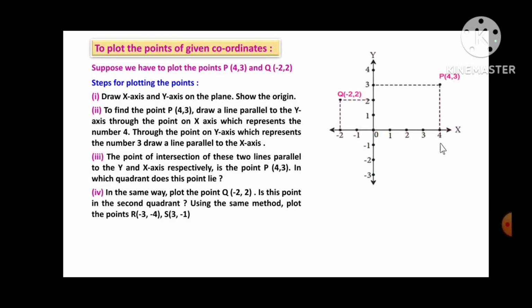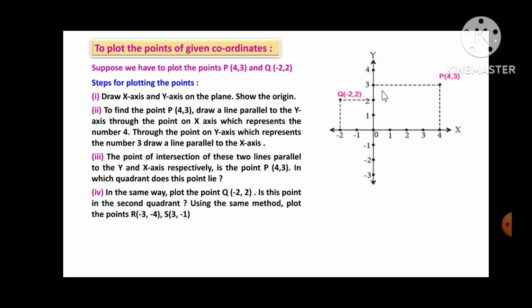To find the point P (4, 3), draw a line parallel to the y-axis. This you can see, parallel to the y-axis in the first quadrant, which represents the number 4. Then, from the point on the y-axis which represents the number 3, draw a line parallel to the x-axis, this one.